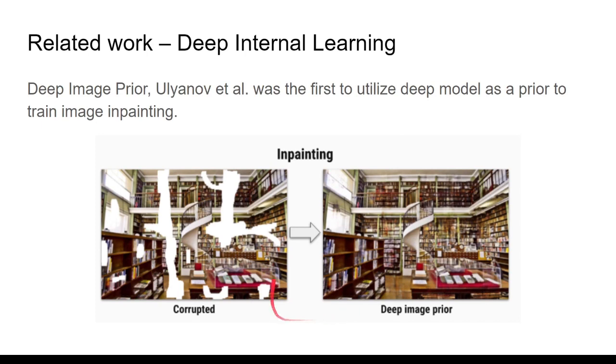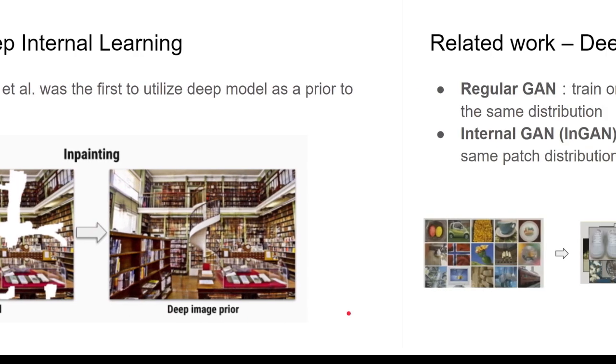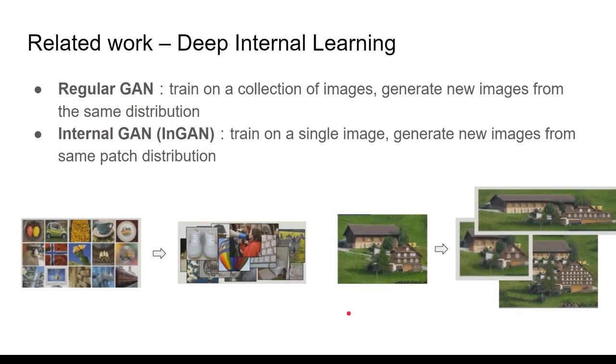And here are their results. Next, I'm going to introduce another part of deep internal learning, which is a method called internal GAN, or InGAN. InGAN is an image-specific GAN, which trains on a single input image and learns its internal distribution of patches.